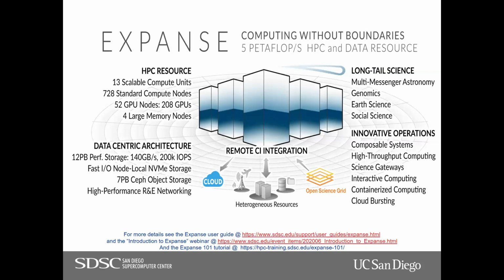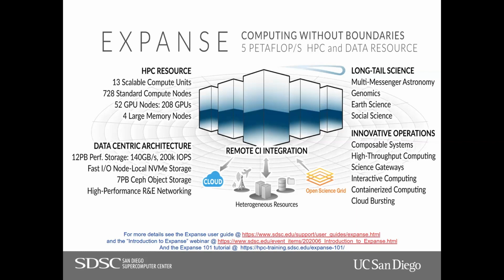And then Expanse also has innovative ideas for what we call composable systems, which is edge computing, high throughput computing, gateways. We have 1 million users on our gateways. And a science gateway, I won't talk a lot about that. That is a web portal where you have a model or an application with a huge community that uses it. They don't all need to log on in some cases.